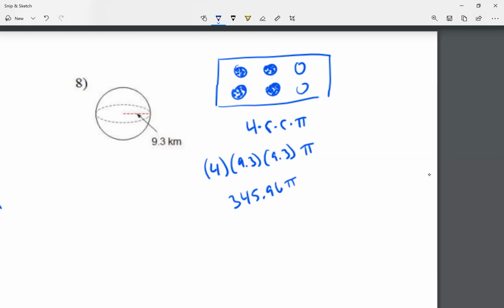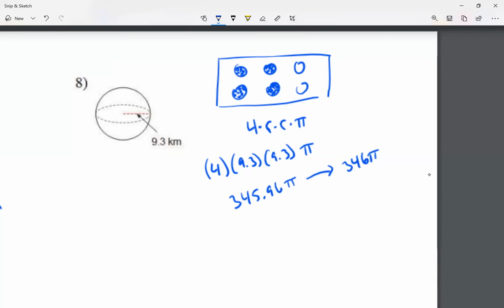So if I'm asked to leave this in terms of pi, I will round this to 346 pi, because I rounded to 1 decimal place, but the 9 was to the top. So if I have to leave it as a pi, it's 346 pi.